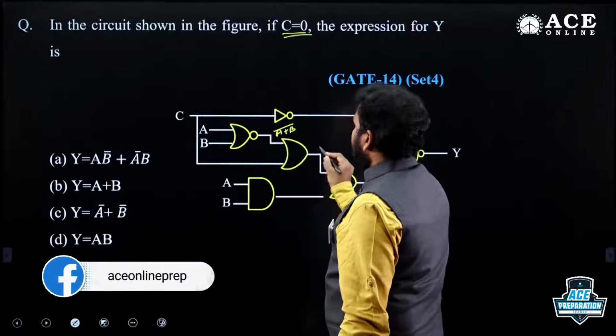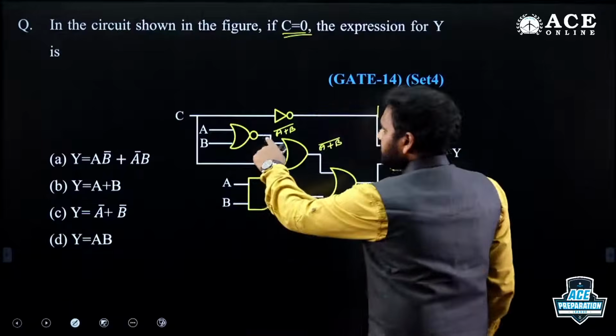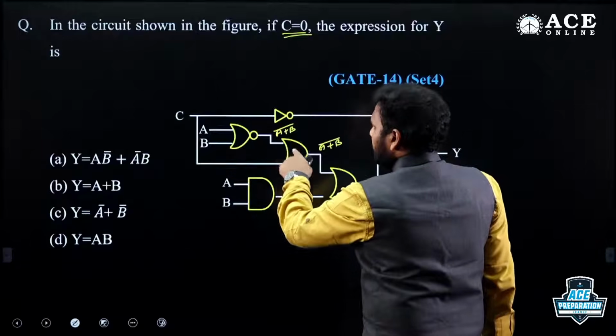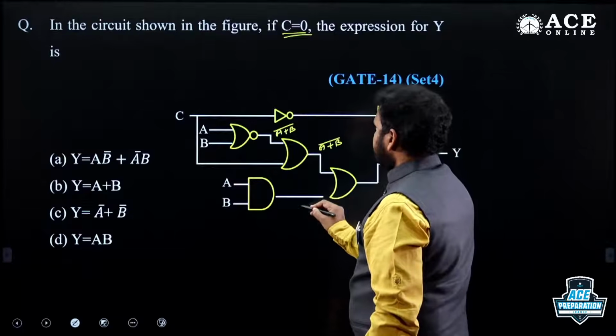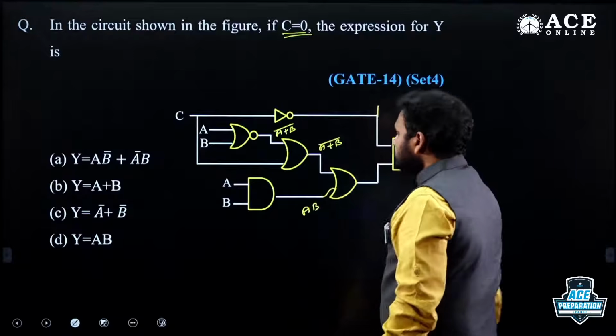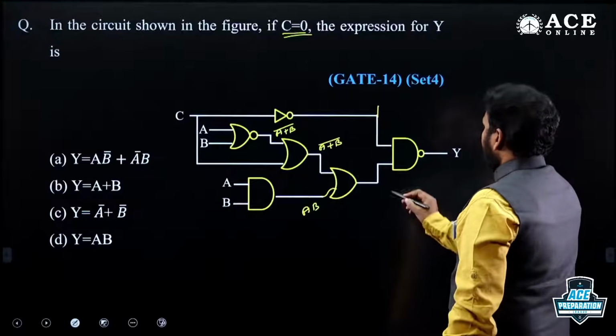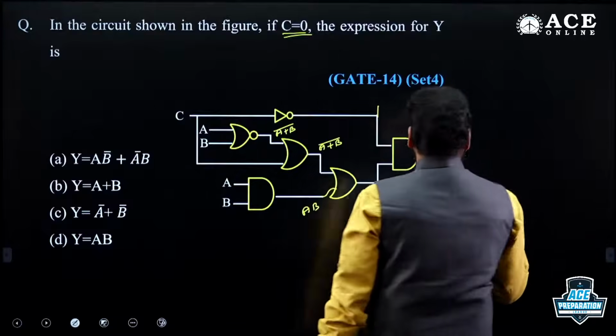This is anyway 0, this is also A plus B bar. A plus B bar plus C value 0, A plus B bar. This is AB. This is AB. What is the Y? You write it here.